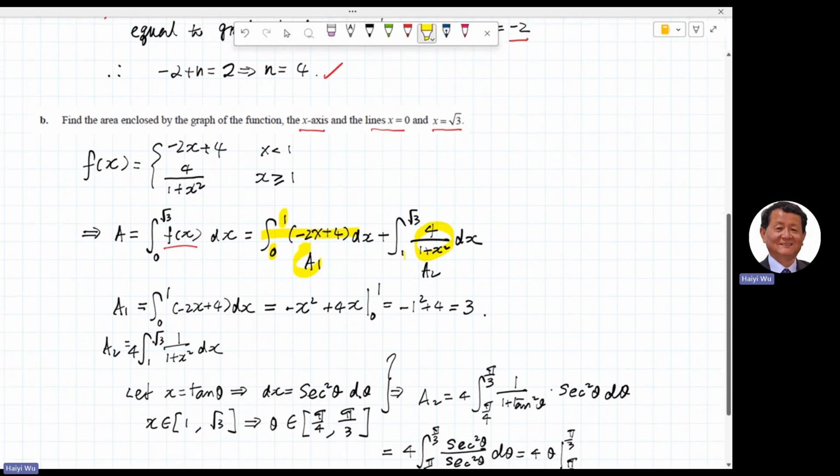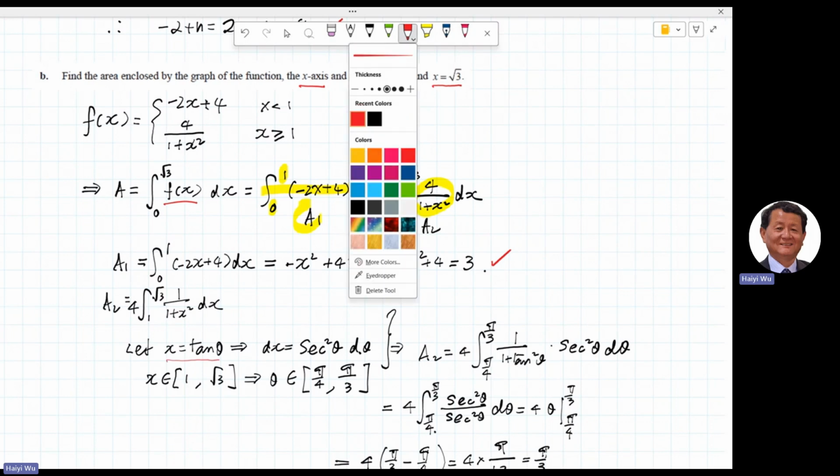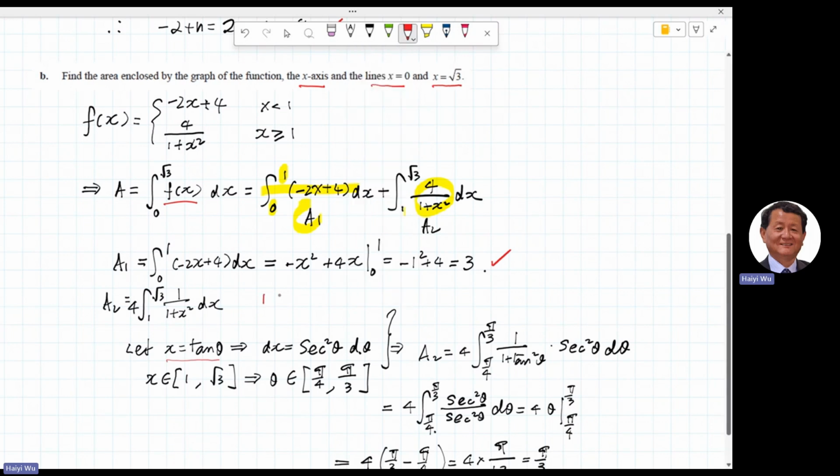Let's do A1 first, which is pretty simple. We integrate that linear function to become -x squared plus 4x, plug in 0 to 1, so the answer is 3. For area 2, we're using the substitution method. I'll move 4 outside. I'm going to replace x with tan theta because we're using a trigonometric identity. I think I showed you some time ago: 1 plus tan squared theta is sec squared theta.